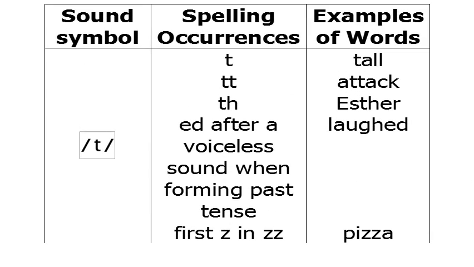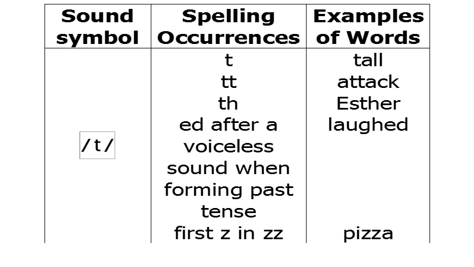This sound is pronounced t. It can be from letter T, letters TT, TH, ED if it follows a voiceless consonant to form past tense, and it can be from letter Z if we have ZZ in some words.